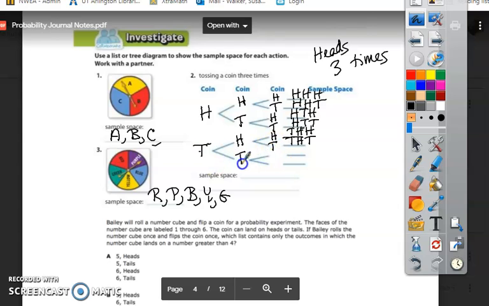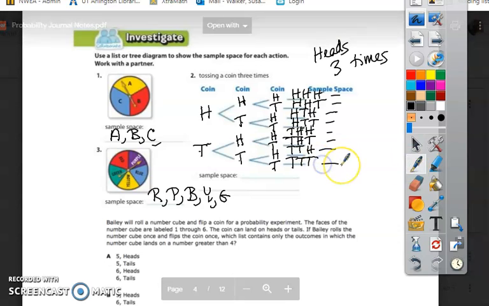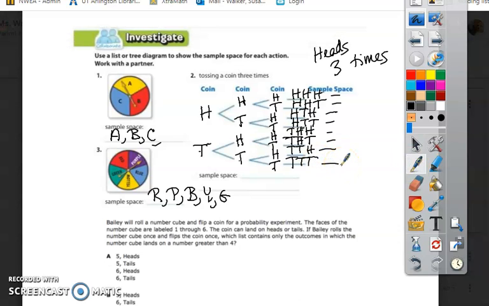If I get tails, tails, can't I still get a heads? Tails, tails, heads. Or tails, tails, tails. Okay? So if you look, I have 1, 2, 3, 4, 5, 6, 7, 8. I have 8 total possible outcomes.